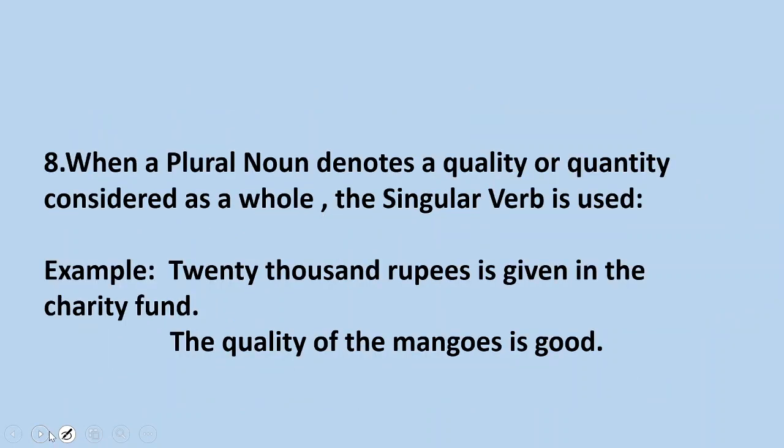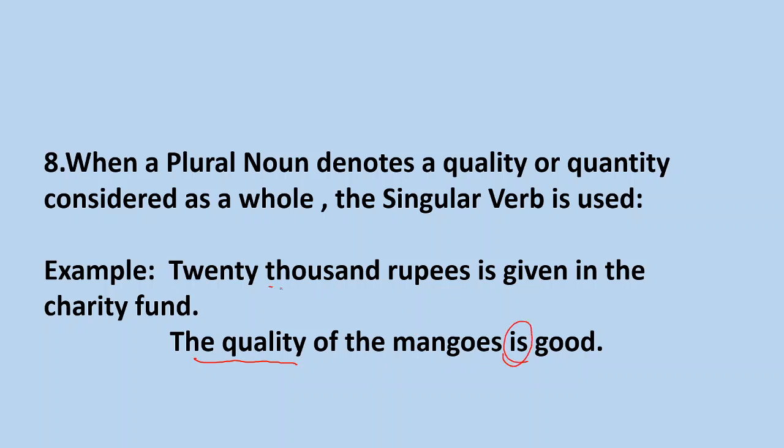Now the number 8 rule. When a plural noun denotes a quality of something or quantity of something as a whole, the singular verb is used. For example, last month you were eating mangoes, no? So you can write here, the quality of the mangoes, as a whole, is good.